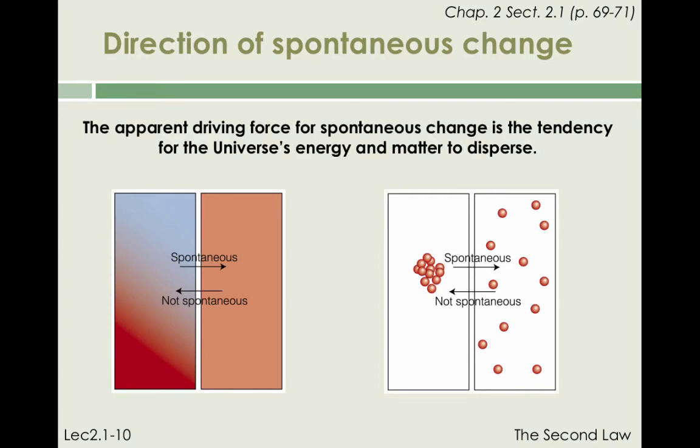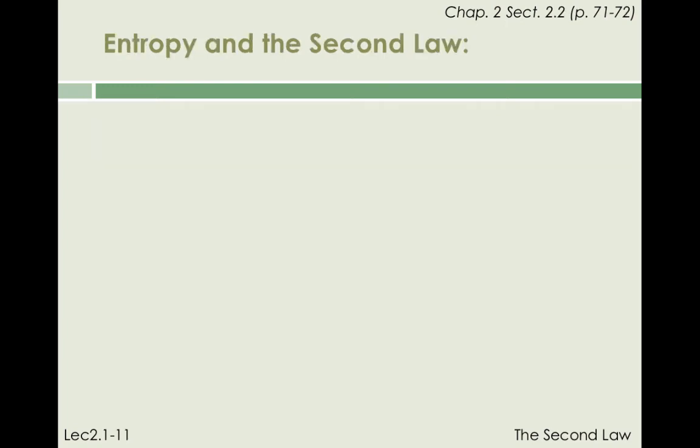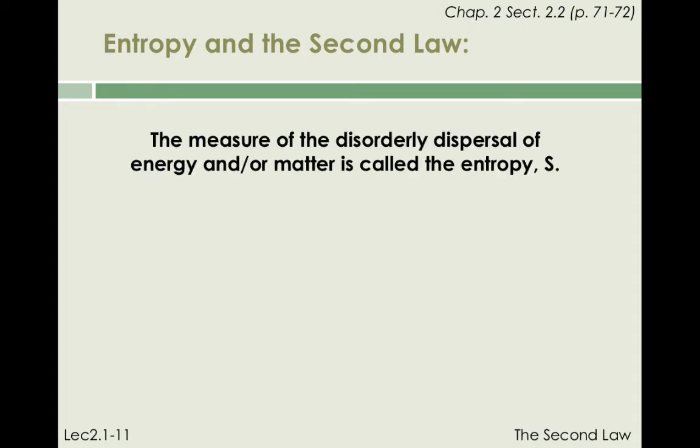So we conclude that the apparent driving force for spontaneous change is the tendency for the universe's energy and matter to disperse. To measure the disorderly dispersal of energy and matter, we define a new thermodynamic function called the entropy, denoted by the symbol S.